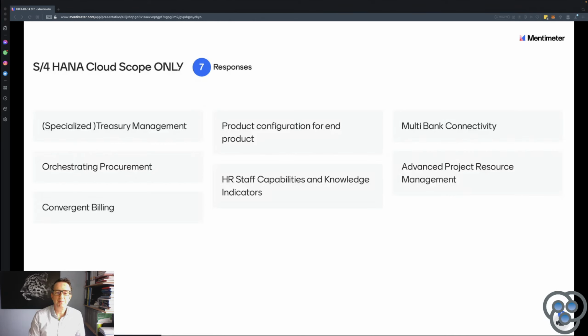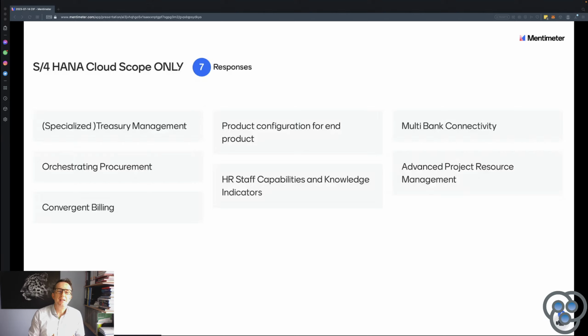Yeah, so that may be a bias. So if somebody only offers SAP Business ByDesign, then he might have a bias towards SAP Business ByDesign. If someone only offers S/4HANA Cloud, he may have a bias towards SAP S/4HANA Cloud.